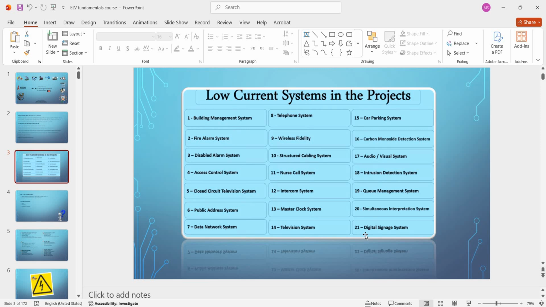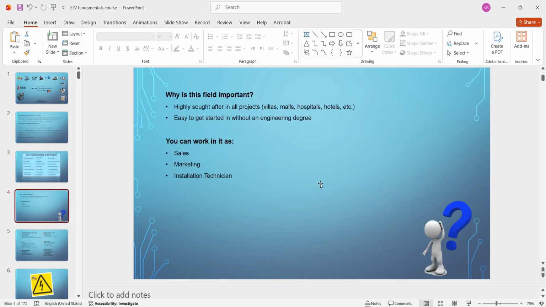So these are the most popular low current systems you might face in the market. I cannot see any new project established without any of these systems. As I said many times, this field is important because you cannot see any project, residential, commercial, or hospitality, without some of these systems.